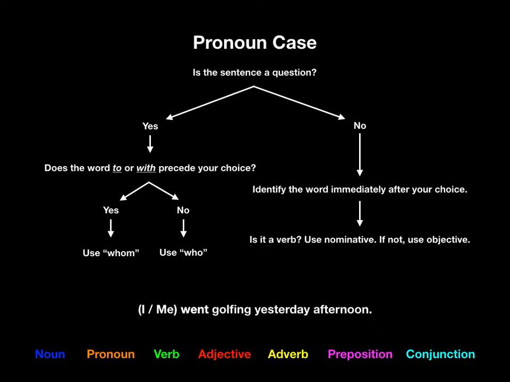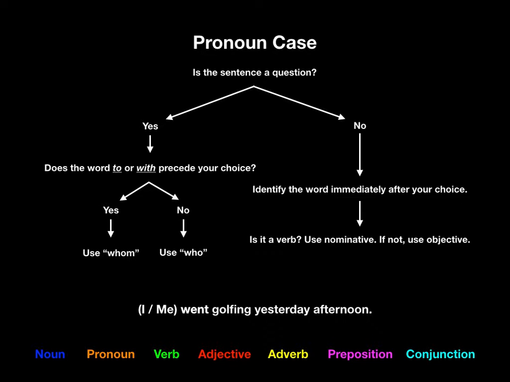If we have the sentence, I/me went golfing yesterday afternoon, we first need to ask ourselves, is the sentence a question? Since this sentence is not a question, we then need to identify the word immediately after our choice of pronoun case. Within this example, the word immediately after is went.